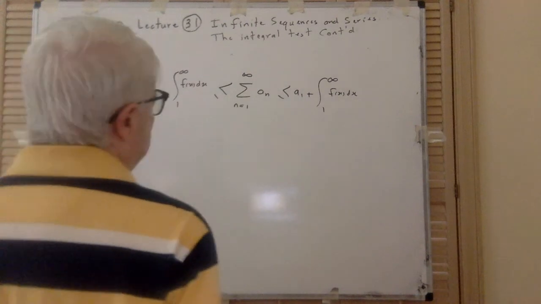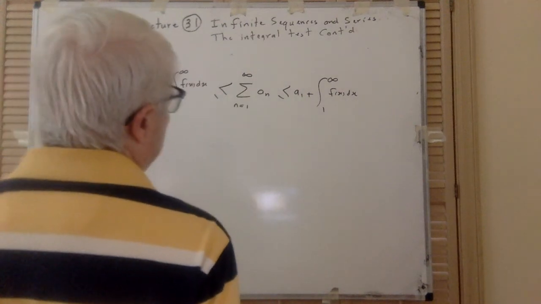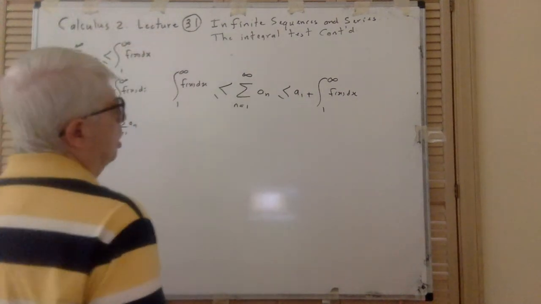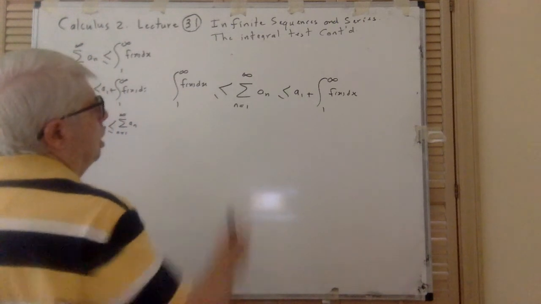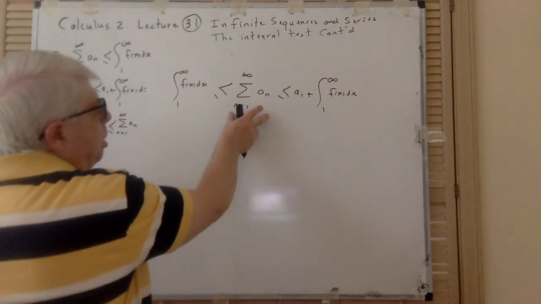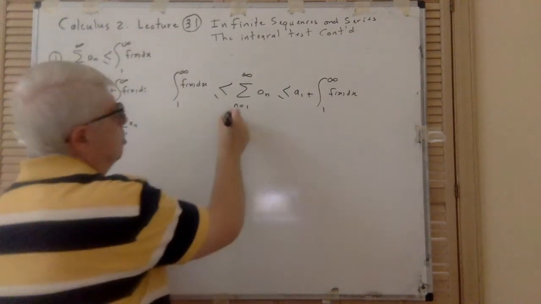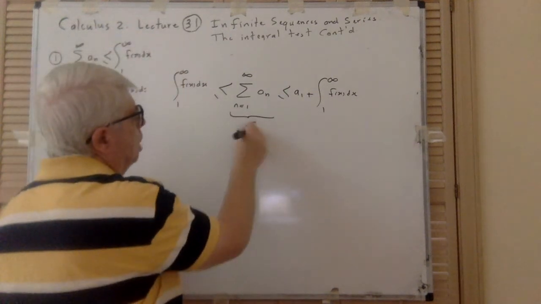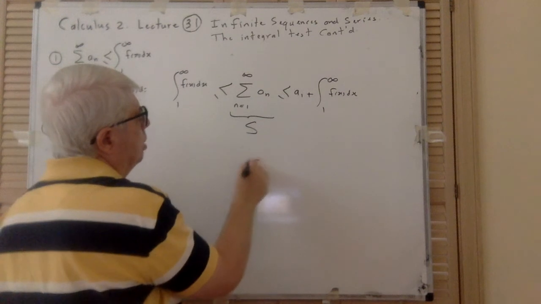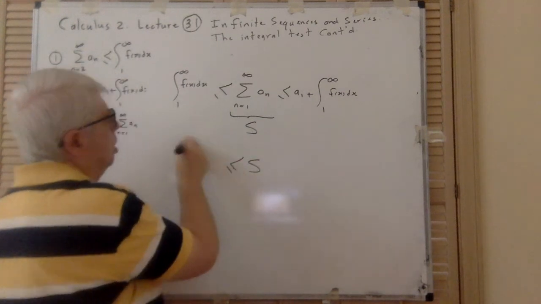Okay? So this is in fact one of the interesting things that we can find. This basically gives me an idea of how this sum is. So it gives me this, whatever I call it, S. So it tells me that S is a number between these two.